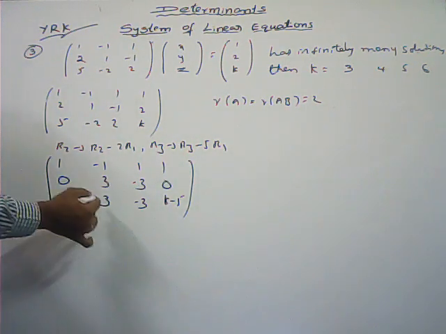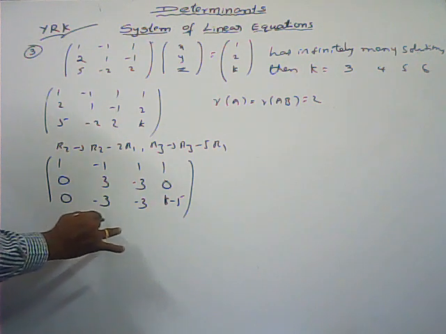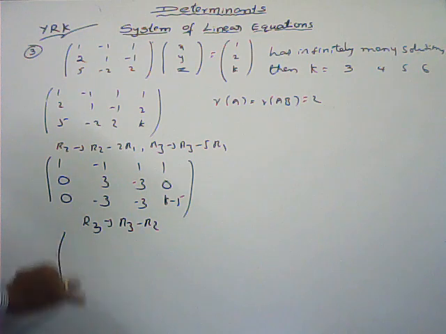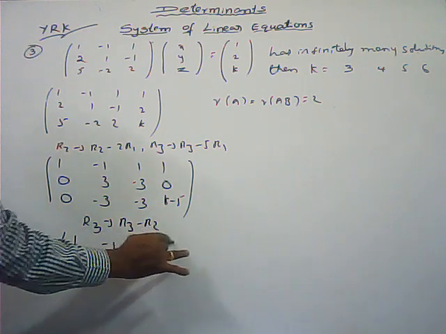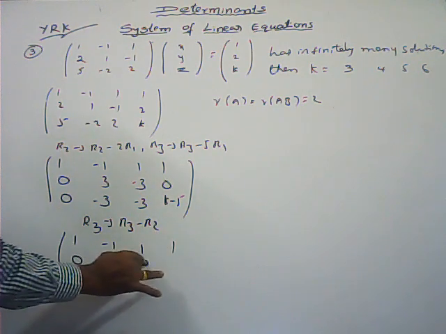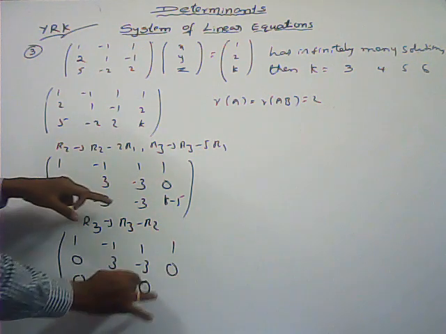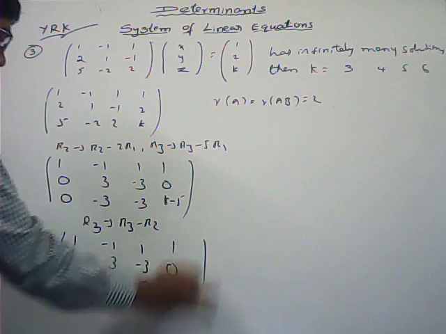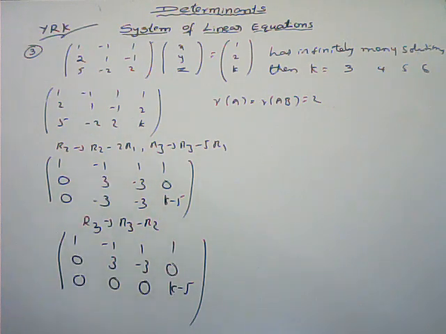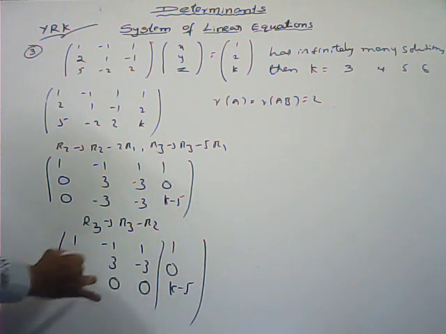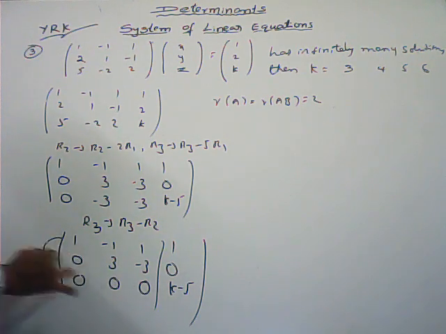Next, here we should get 0. So what we are doing is R3 goes to R3 − R2. 1, −1, 1, 1. 0, 3, −3, 0. 0, 3, −3, 0, 0, and here k − 5. So the rank of A I got as 2 only, since only 2 non-zero rows are there.